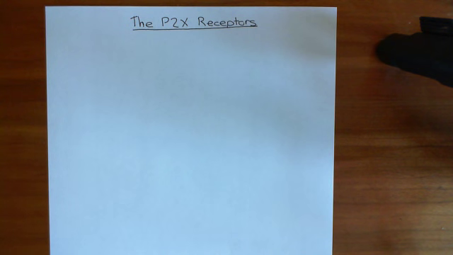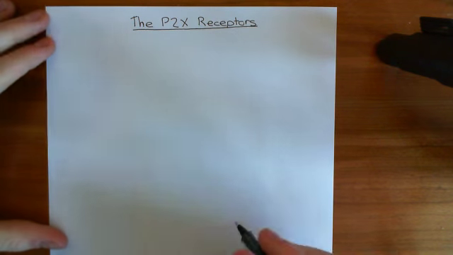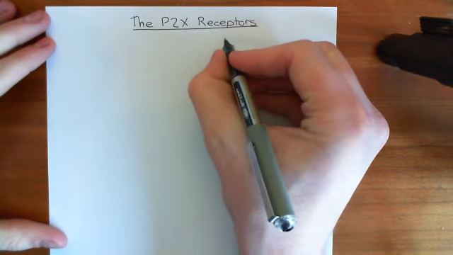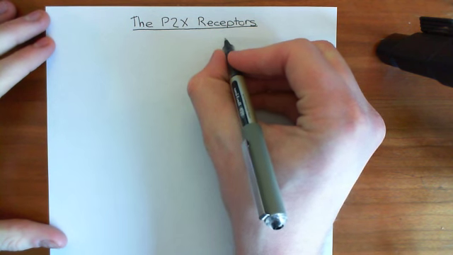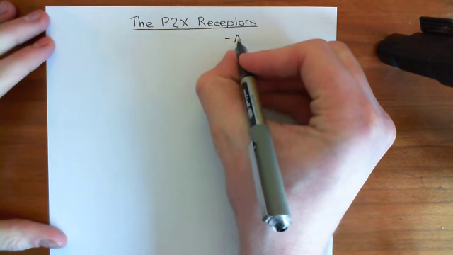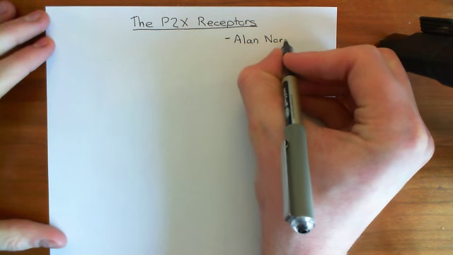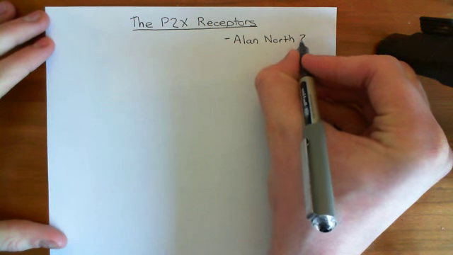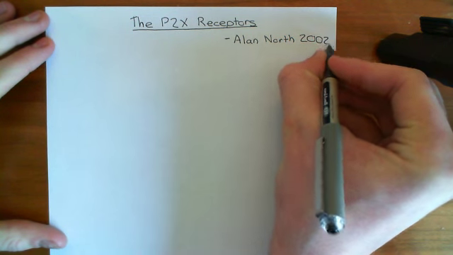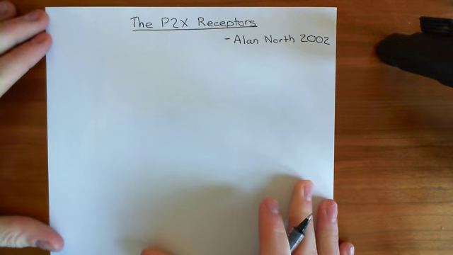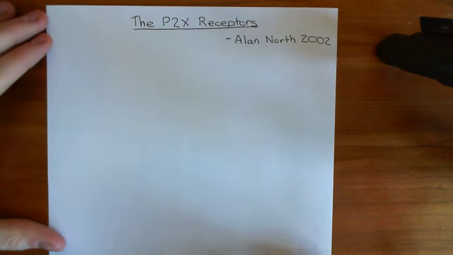Some of the stuff that I am going to give you in this video is not yet standard enough to be put in textbooks, and therefore I'm going to start off with a reference, which is where I got all of my information for making this video. Most of the information comes from Alan North, who wrote a review about the P2X receptors in 2002. If you Google that, you should be able to get up the review and check that I'm giving you the information correctly.